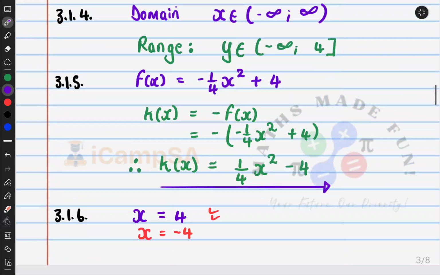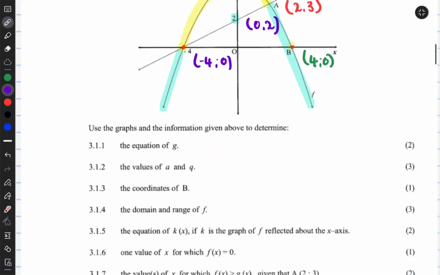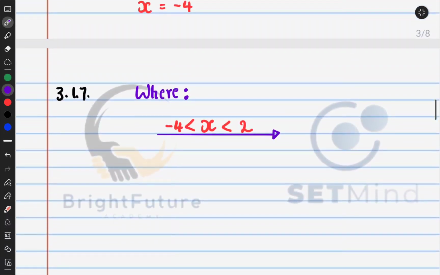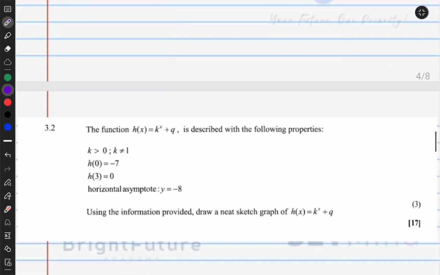Those would be the values of x whereby the graph of F is greater than the graph of G.